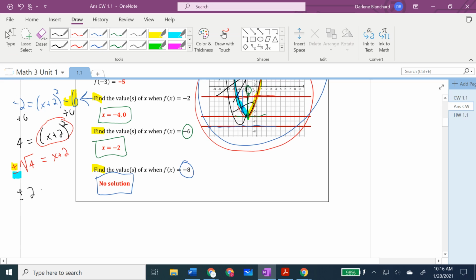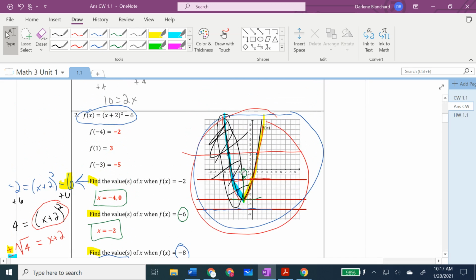It doesn't pass the vertical line test, therefore it wouldn't be a function if you wouldn't just take one side. That's right. If a vertical line crosses a graph more than once, then it's not a function. And when it's not a function, when you say, hey, plug a number into the function, what's my answer?